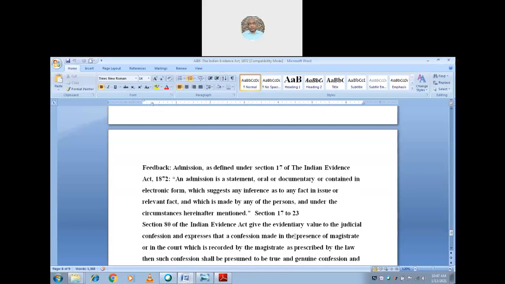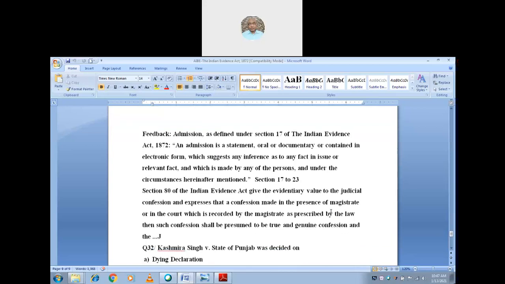Admissions are defined under Section 17 of the Indian Evidence Act 1872. An admission is a statement, oral or documentary, or contained in electronic form, which suggests any inference as to any fact in issue or relevant fact, and which is made by any of the persons and under the circumstances hereafter mentioned, Sections 17 to 23. But please check whether I made it properly, because I think I wrote it the wrong way.